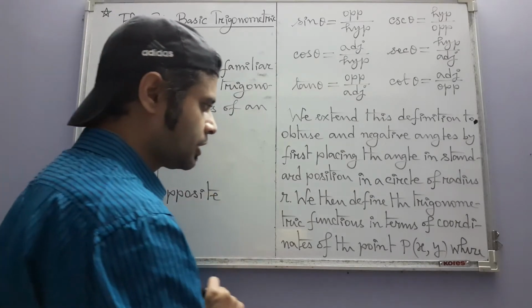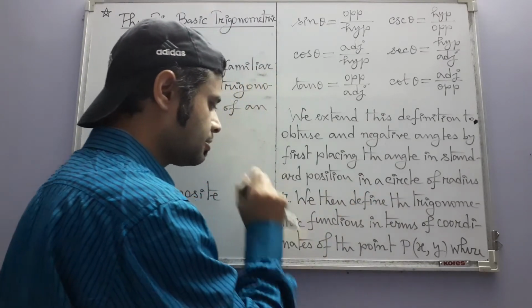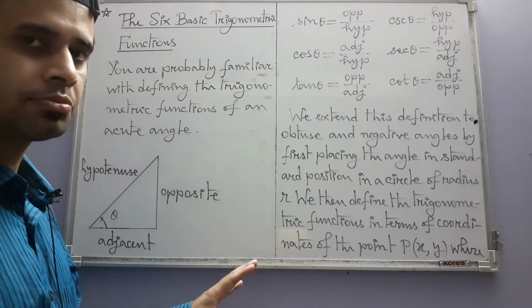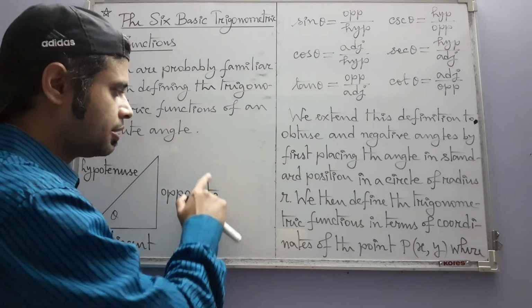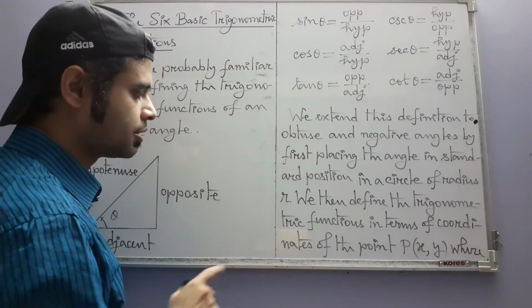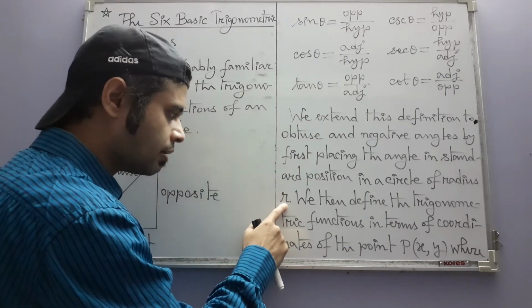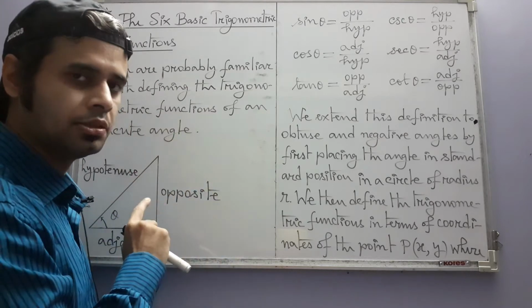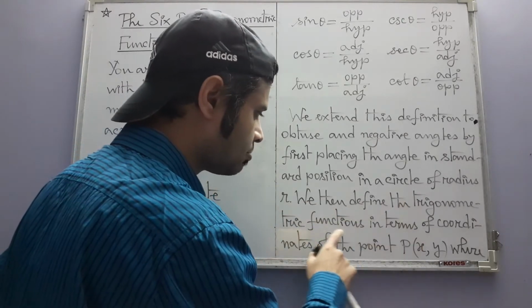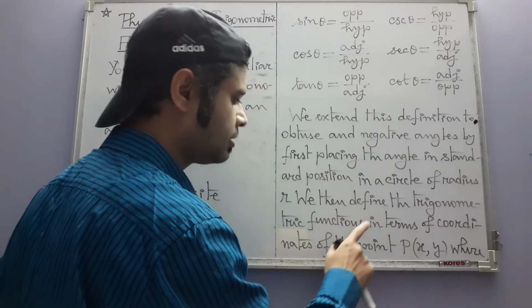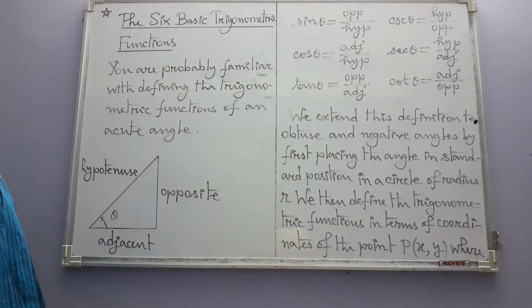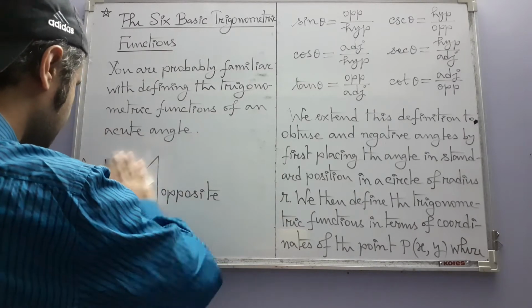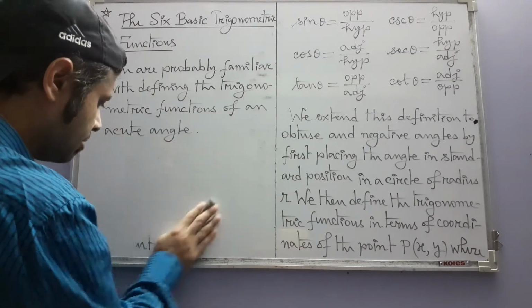But not just that, in a circle of radius r. Standard position in a circle of radius r, and we will draw the figure where we will see that the angle of course is in standard position, and this circle of radius r has its center at the origin. We then define the trigonometric functions in terms of coordinates of the point P, x comma y, where we will now say what P is. So let us first complete writing this, and then we will see what we mean by this.